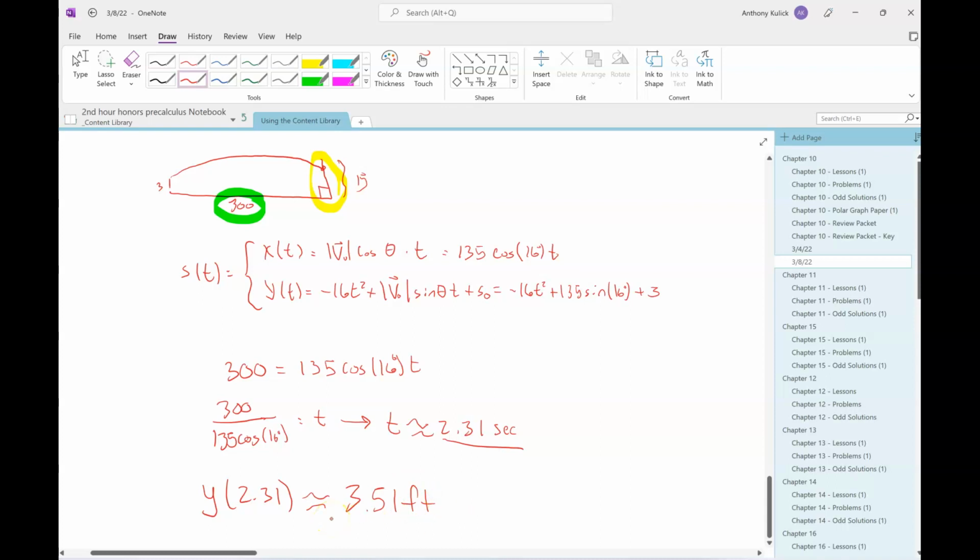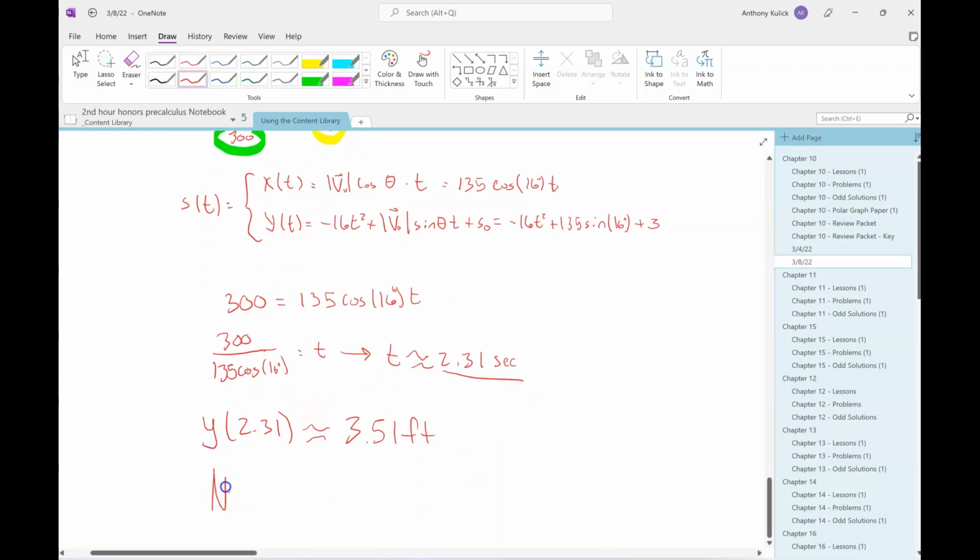So did the ball clear the fence? Nope. It hit the wall at 3.51 feet above the ground.